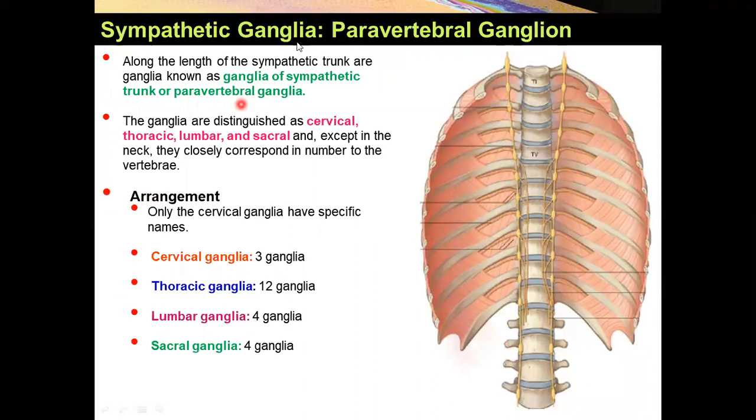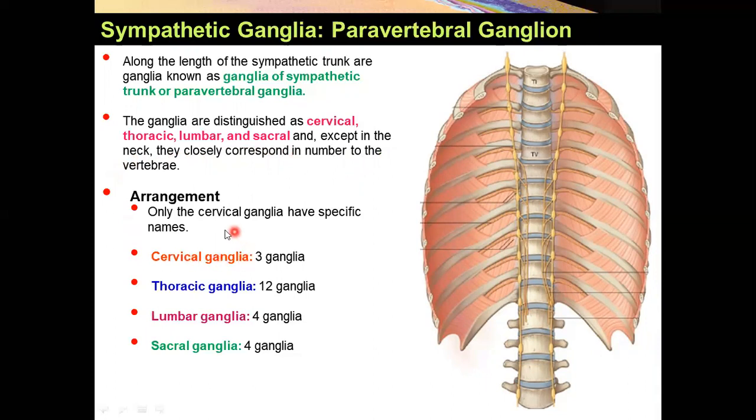Now, the paravertebral ganglia are found along the length of the sympathetic chain, and they are also known as the ganglia of the sympathetic chain or the trunk. And these ganglia are distinguished as cervical, thoracic, lumbar, and sacral. Except in the neck, they closely correspond in number to the vertebrae.